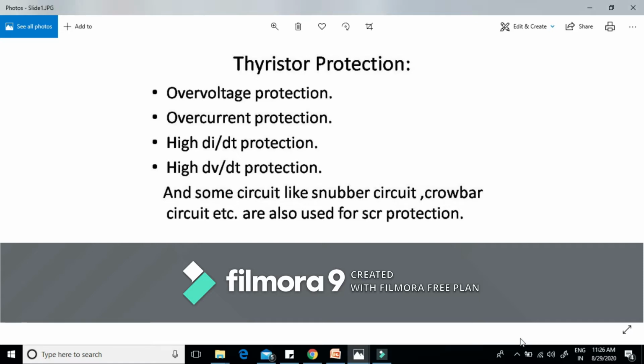The various schemes adopted for the protection of SCRs include overvoltage protection scheme, overcurrent protection scheme, high di by dt protection scheme, and high dV by dt protection scheme.